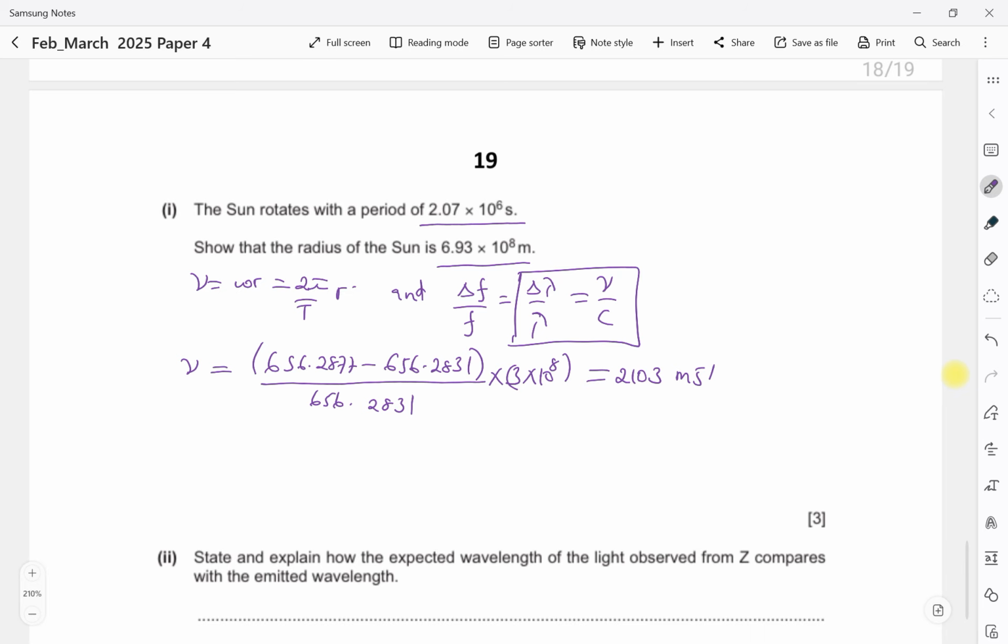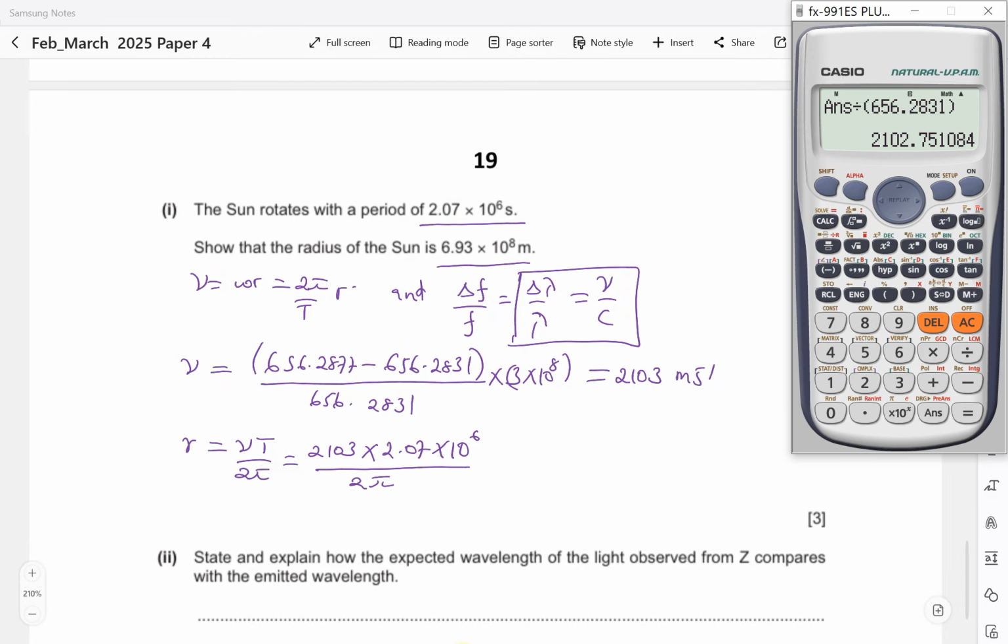So we are finding the radius of the sun. So the radius of the sun is going to be V times the period divided by 2 pi. So that is 2103 times 2.07 times 10 to the power of 6 divided by 2 pi.